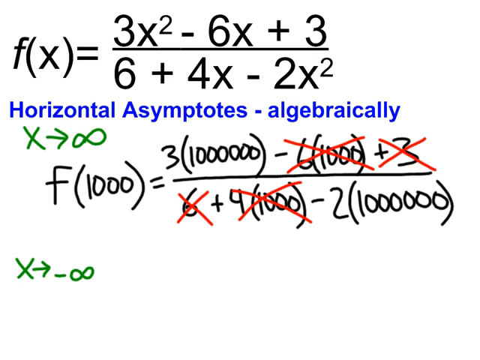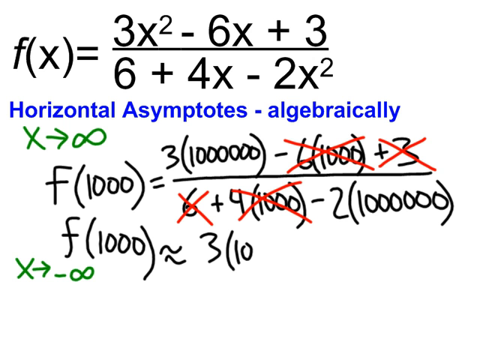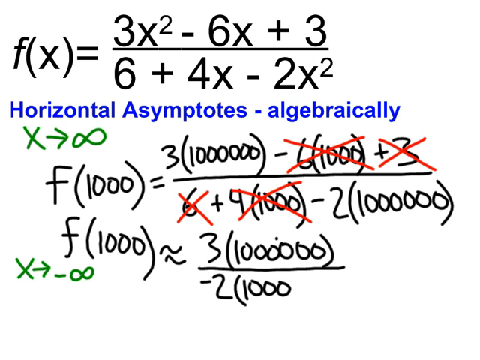Okay, so now that I've crossed those out, I want to acknowledge that they do contribute a little bit, but not a lot. So I'm going to acknowledge that by saying that f of 1,000 approximately equals, I'm using that squiggly equal sign to say it approximately equals 3 times a million on the top, all over, and that minus 2 million becomes negative 2 million.